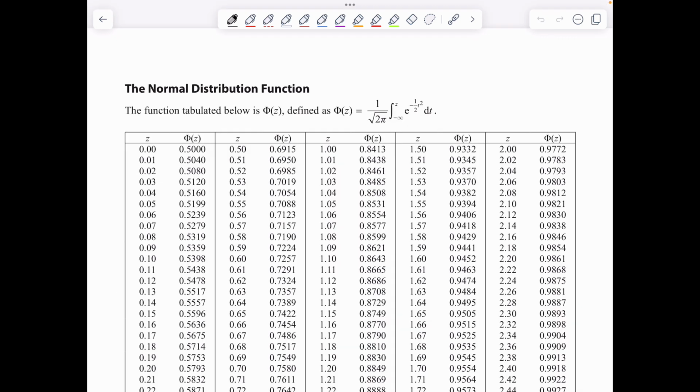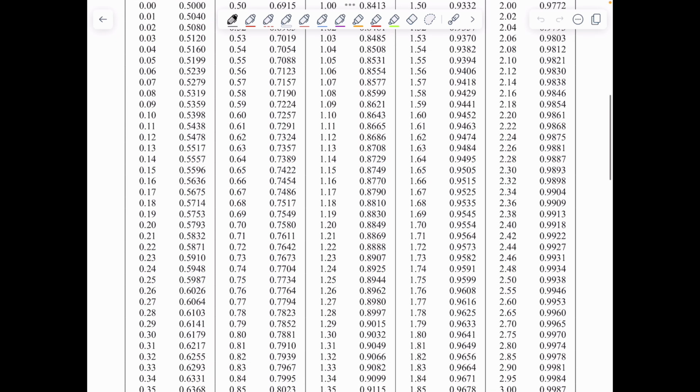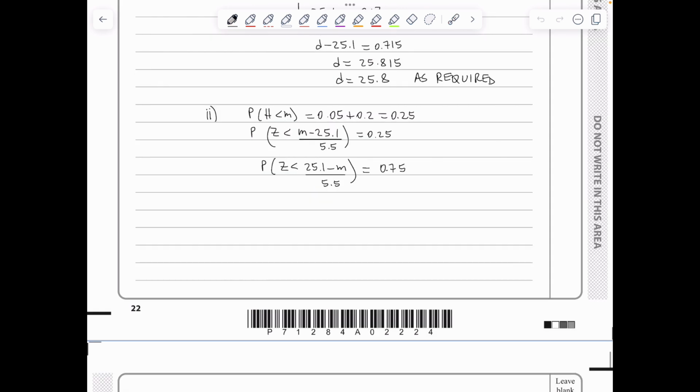And going to the table of values, we'll be looking at 0.75, which is giving me a Z value of 0.67, which means that (25.1 minus M) over 5.5 is equal to 0.67. If I cross multiply, I get 25.1 minus M is equal to 3.685, and therefore M turns out to be 21.4.